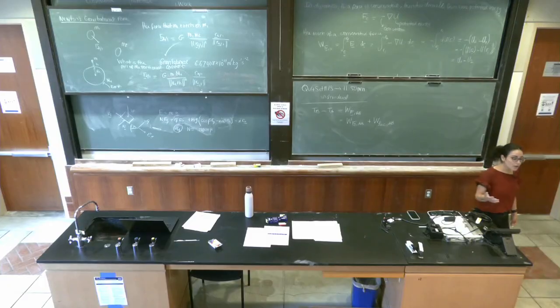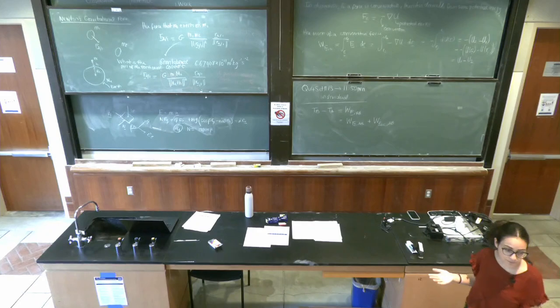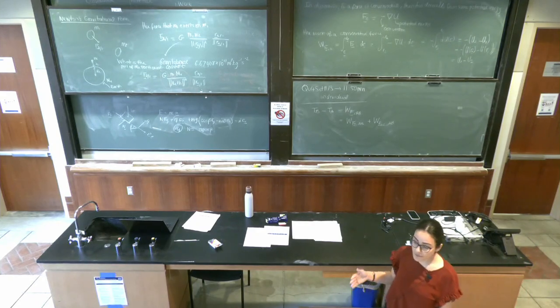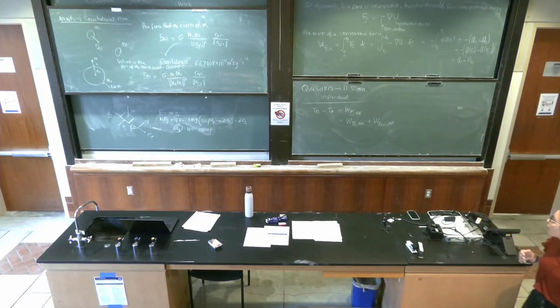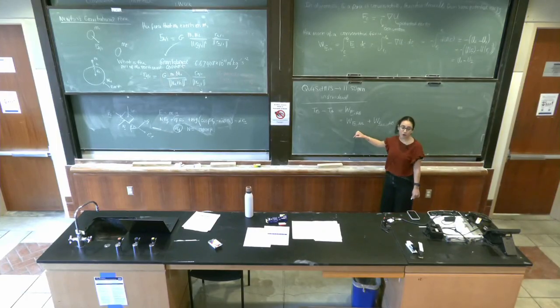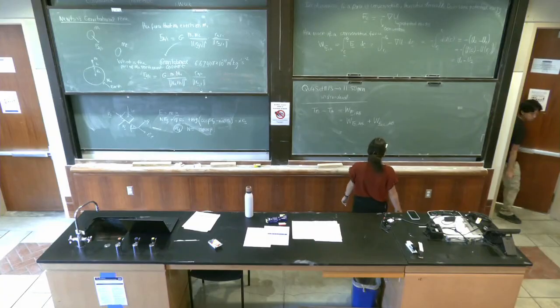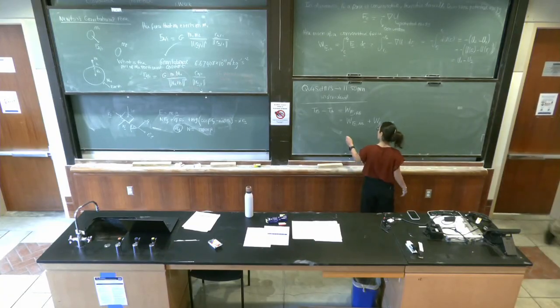To calculate the work of a force, I can go to the definition of the work. What's the definition of the work of the force? The integral of F dotted with dr. Now, for a conservative force, I don't have to go back to the definition to calculate its work and can use the potential energies. So that would be equal to U1 minus U2, or UA minus UB.